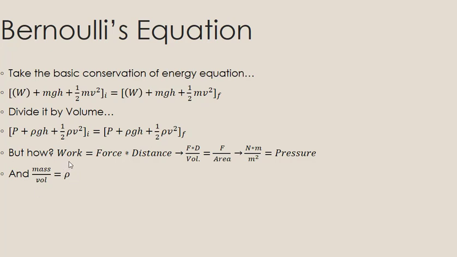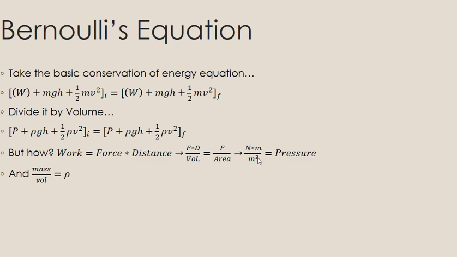Well, work is equal to force times distance. Do you agree? Yes. Okay, we all agree. Force times distance divided by volume is the same thing as saying newtons for force, meters for distance, divided by meters cubed. That's a 3 right there.